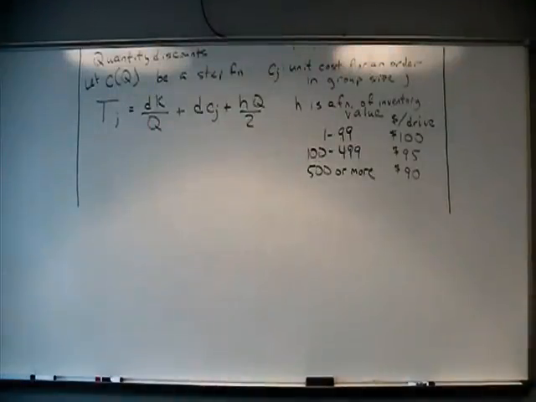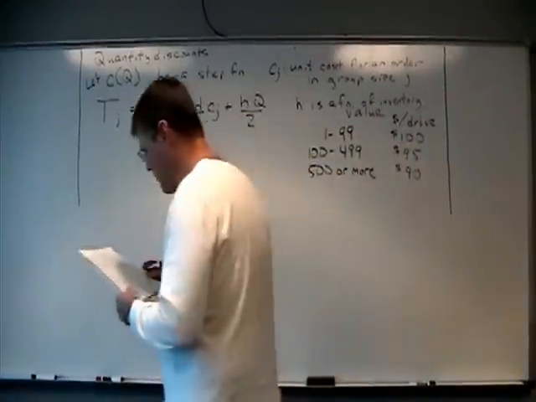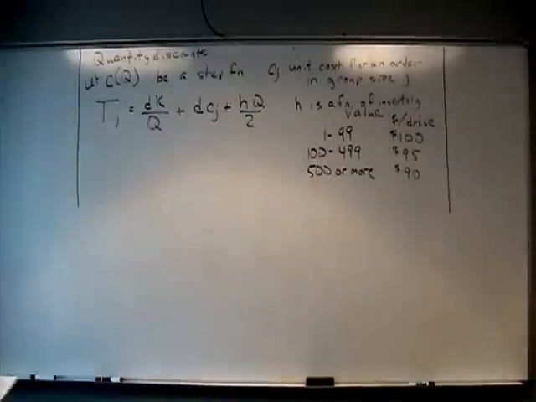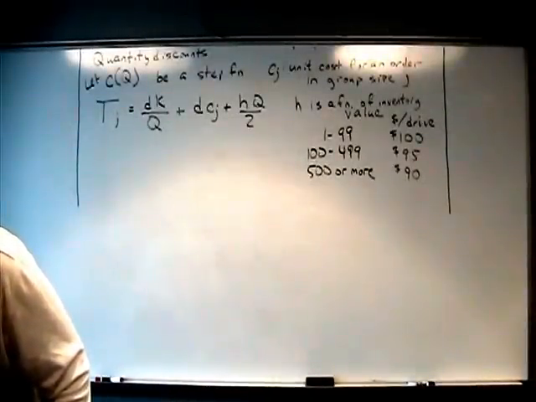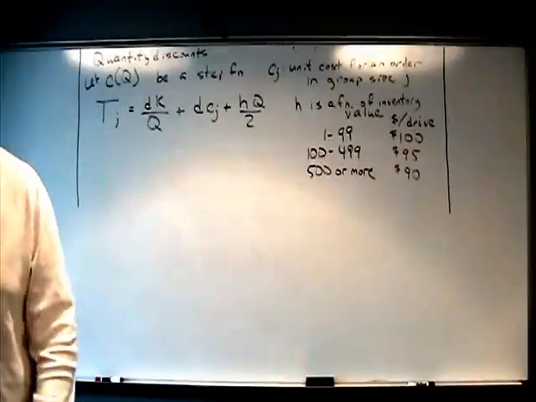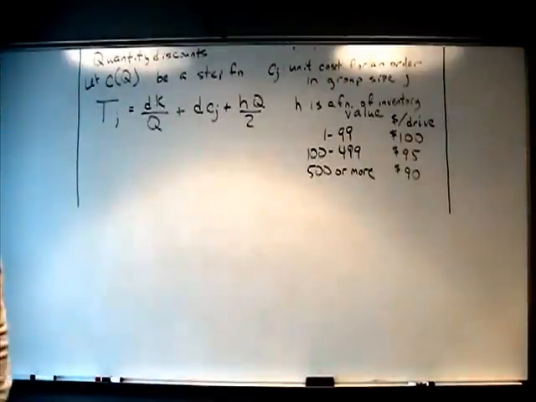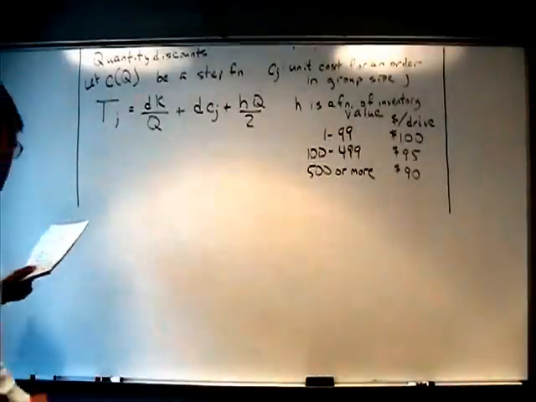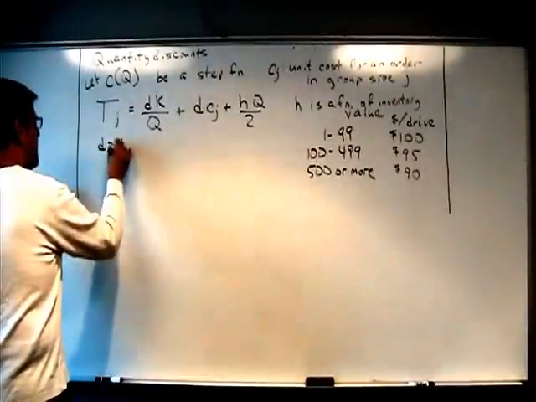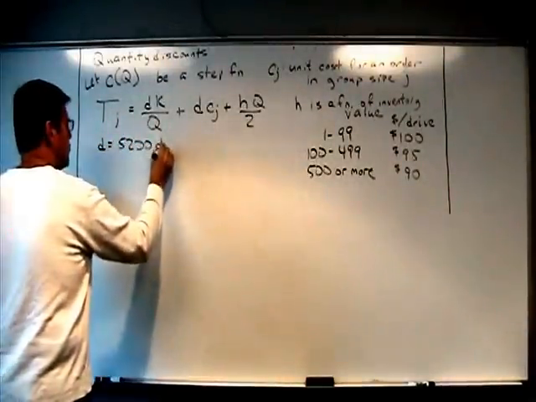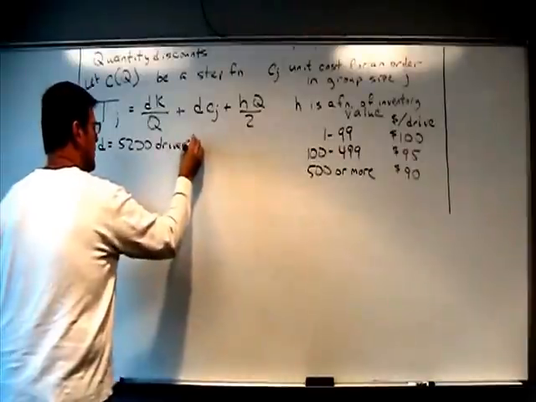Anyway, so what we've got here, if we go back to the problem, the demand is 100 drives per week, and they're doing this on an annual basis, so 52 weeks per year. So D is going to be 5,200 drives per year.